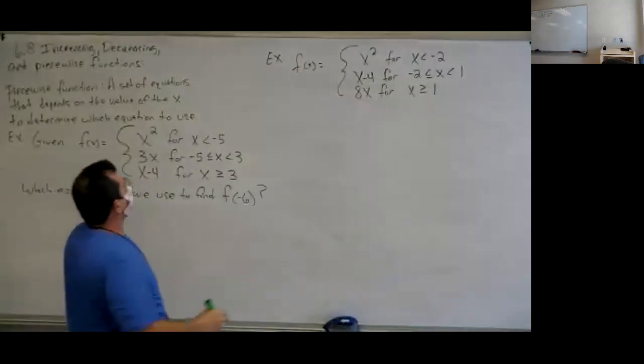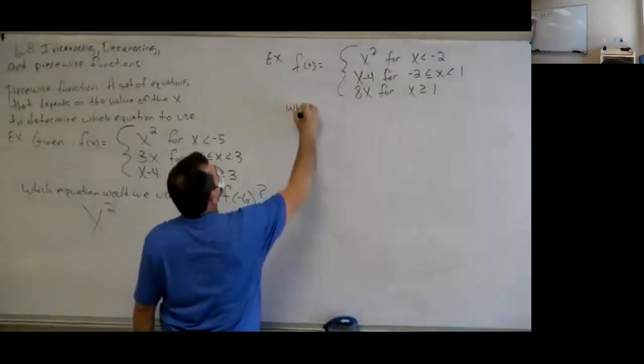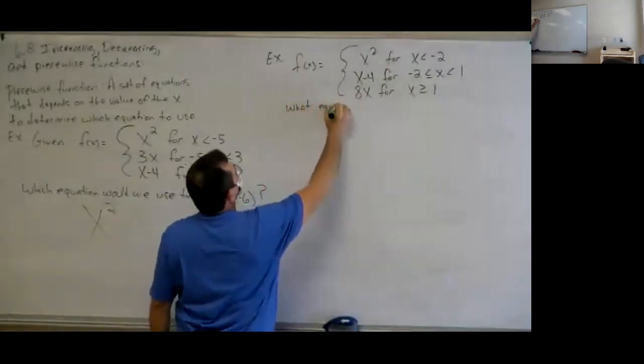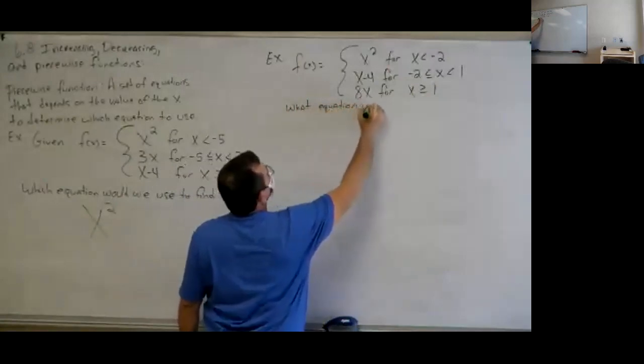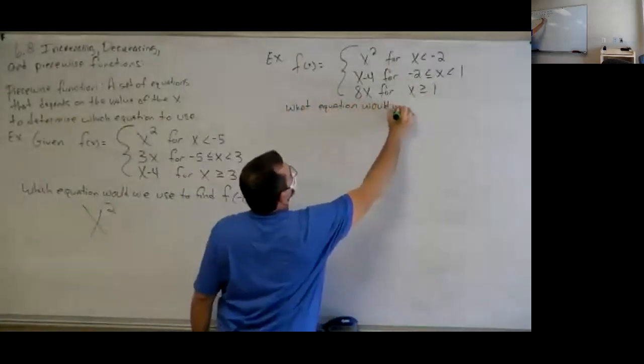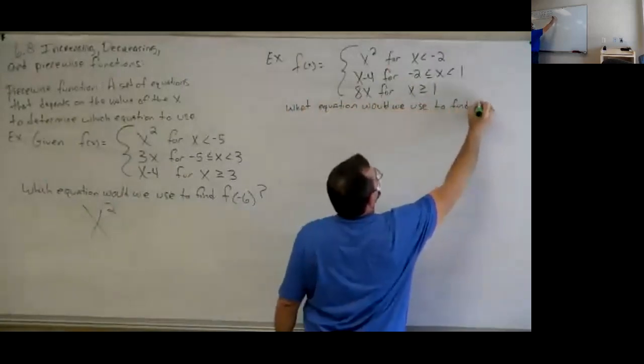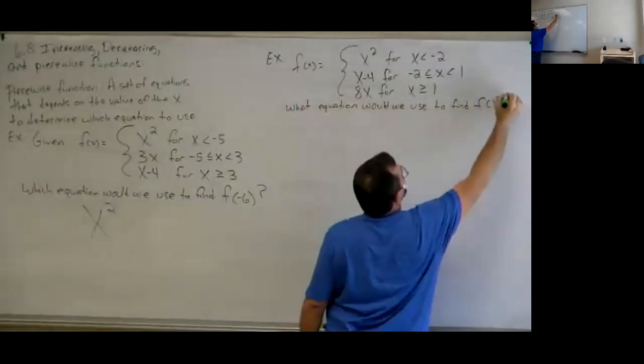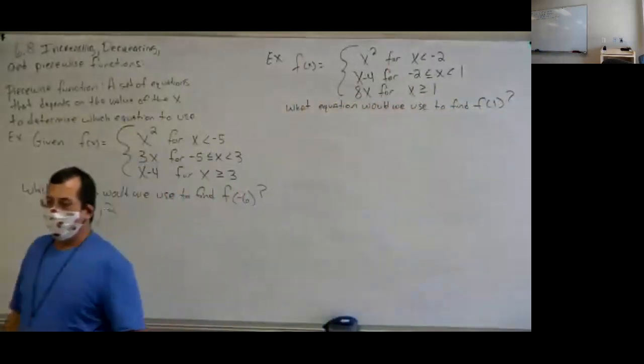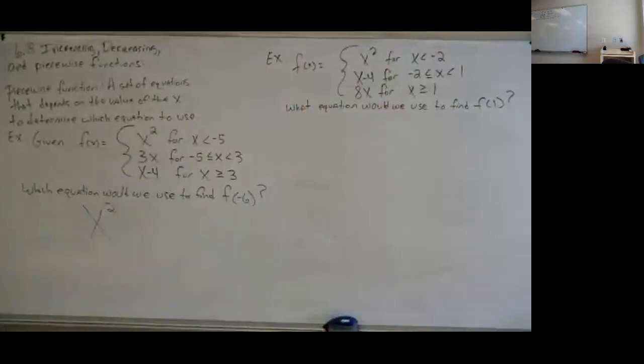So this one wants to know what equation would we use to find f of 1. So do I want to use the x squared equation, the x minus 4 equation, or the 8x equation if my value was a 1 for my x? 8x, right?